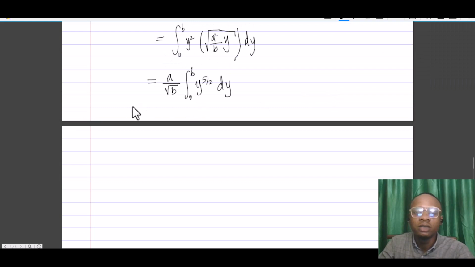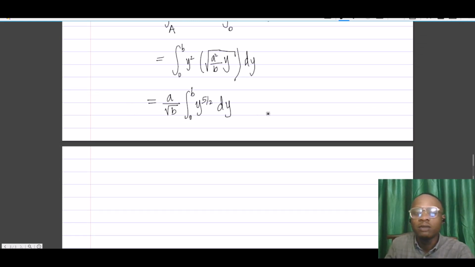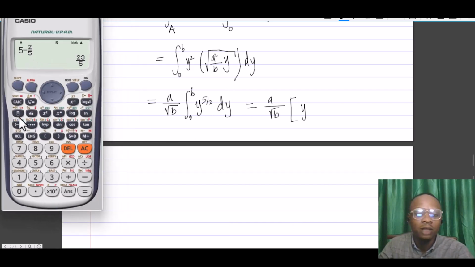So we integrate the same way. Keeping out the constant, we have a over root b. Then the integral of this is going to be y to the power 5 over 2 plus 1. 5 over 2 plus 1, what would that give us? Let's use our calculator. I can't wrap my head around that now.